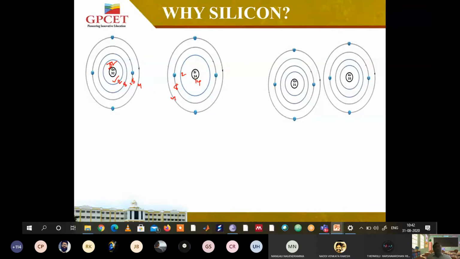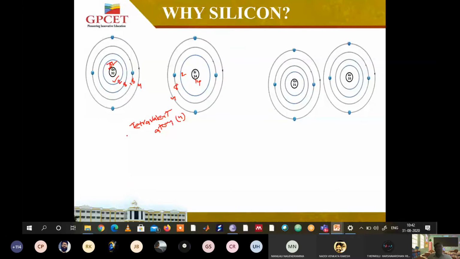So in both germanium and silicon, the outermost orbit contains only 4 electrons. Therefore it is called a tetravalent atom. If an atom contains 4 electrons at the outermost orbit, it is called a tetravalent atom. Please do remember, tetravalent means 4 electrons at the outermost orbit.